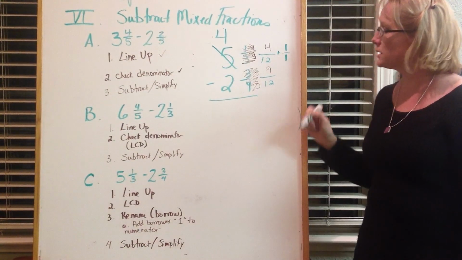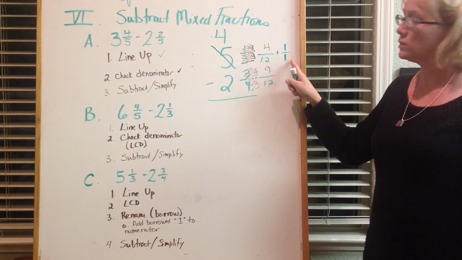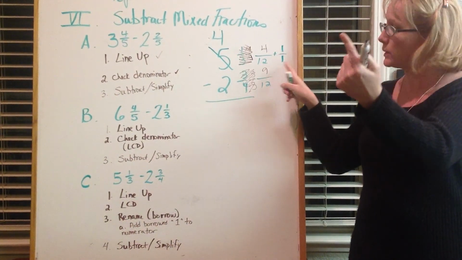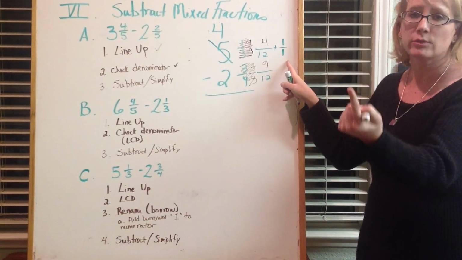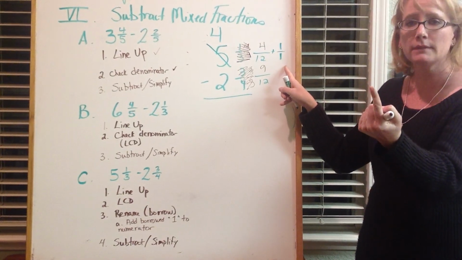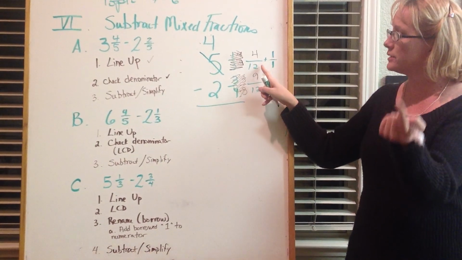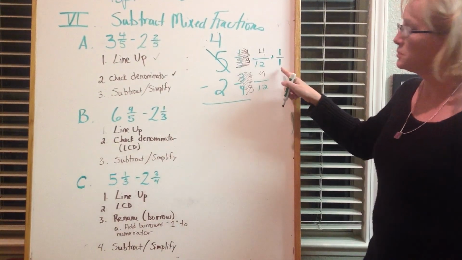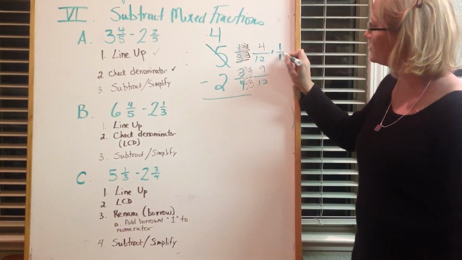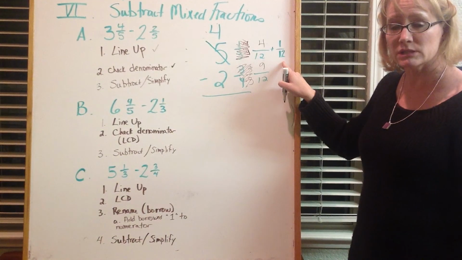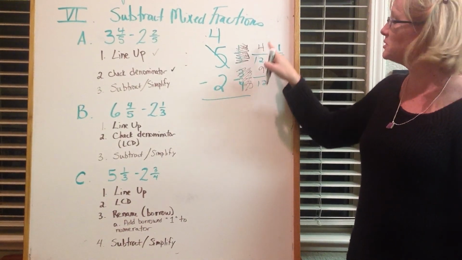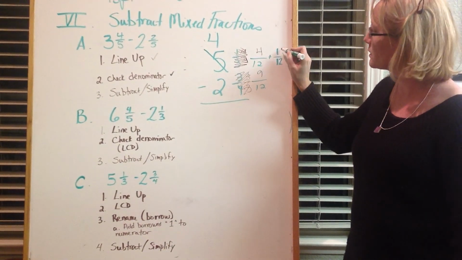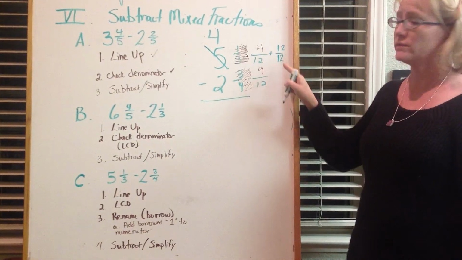The problem, though, is that 1 over 1, which is 1, the one I borrowed, can't add to 4 12ths because they don't have the same denominator. So what is the denominator that 12 and 1 share? 12. What did I multiply the 1 by to get 12? 12. And since I multiplied the denominator by 12, I have to multiply the numerator by 12 also. So look at this, it's 12 12ths.